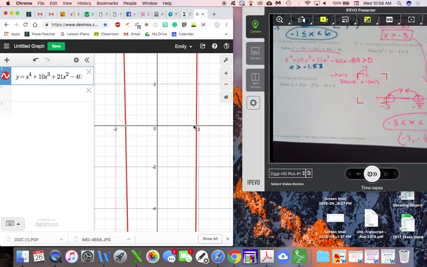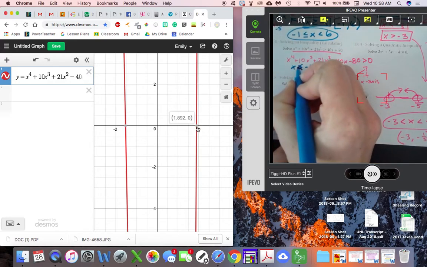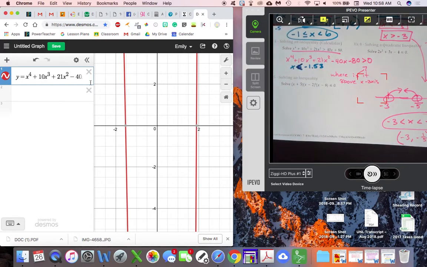And then over on this side, no, shoot, sorry, that should be less than, not greater than, because I want to know lower. These x's that are up here are actually x's that are less than negative 1.53. Even though it's above the x-axis, this x value right here is negative 1.55. So x's that are less than negative 1.53 are x's that I want.